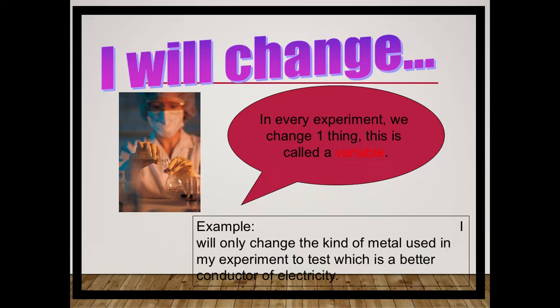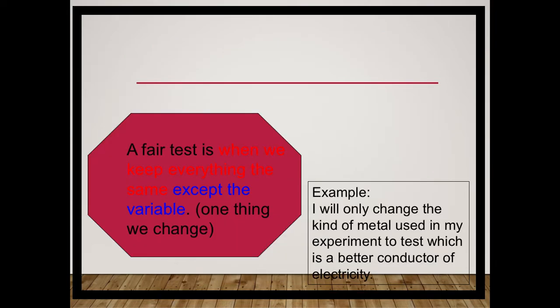So if those children are dropping objects, they might drop one bouncy ball and they might drop one piece of paper. So the height that they're dropping it from has to be the same. The fact that they're just letting it drop naturally without throwing it or any force has to be the same, but what can change is what they are dropping. So only one variable changes.